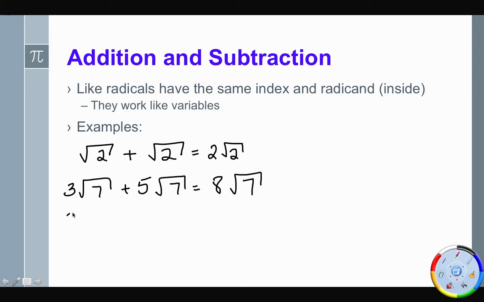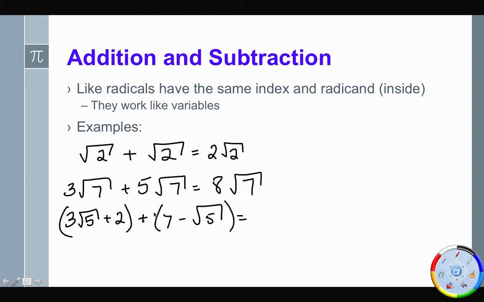If we were to do something like this, looking now at the binomial terms, if I had 3 times the square root of 5 plus 2, and I was to add it to 7 minus the square root of 5. This is now adding two binomials together, but we can only combine like terms.